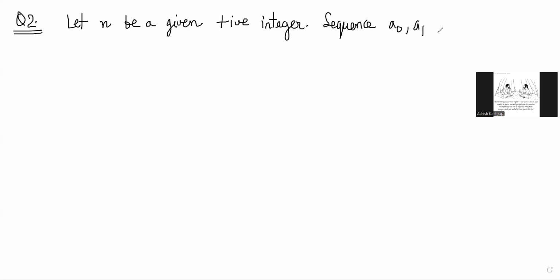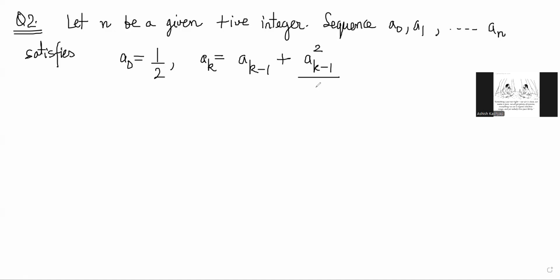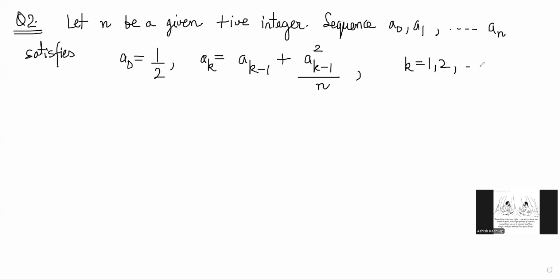Let's look at this particular question. Let n be a given positive integer. The sequence A0, A1, ..., An satisfies A0 is equal to half, and Ak is equal to A(k−1) plus A(k−1) square divided by n, where k goes from 1 to n.